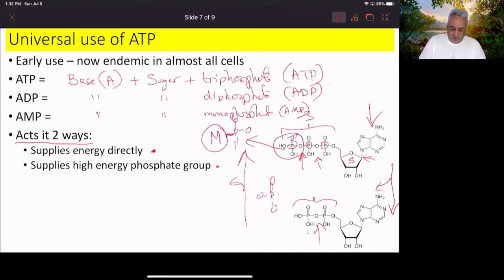And this bond that's formed between the molecule and the phosphate is a high energy bond, because most of the energy from ATP is taken with the inorganic phosphate to this other molecule. And now this molecule here carries more energy than it did prior to this exchange. And then later on, this energy in this bond can be used to drive a subsequent reaction or some other manipulation in constructing something within the cell. So ATP can be utilized in two fantastic ways.